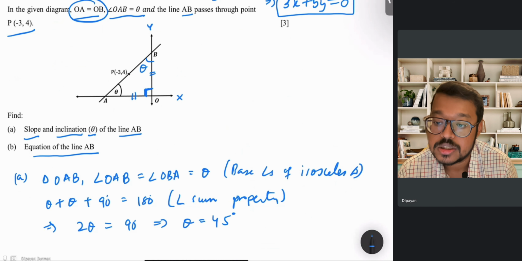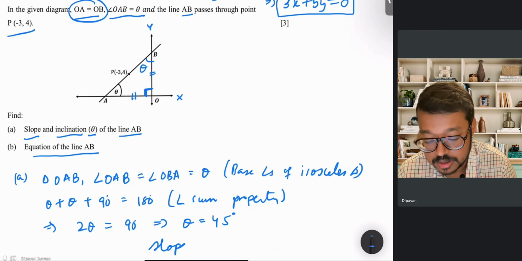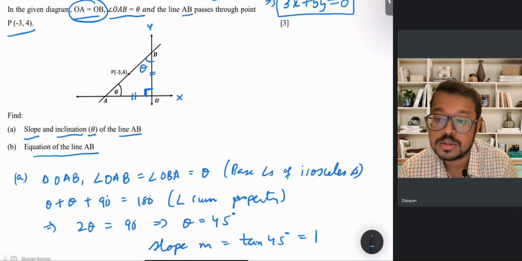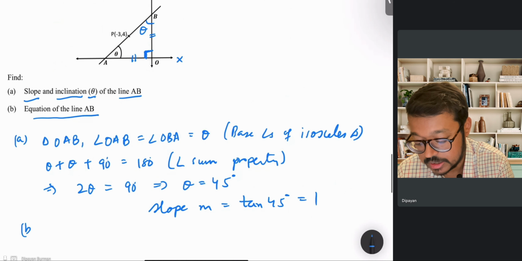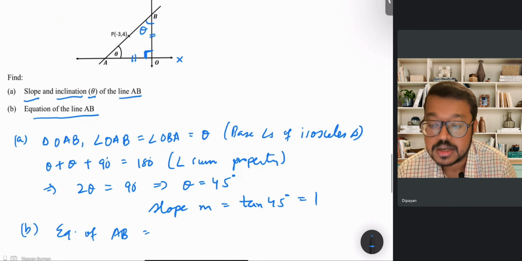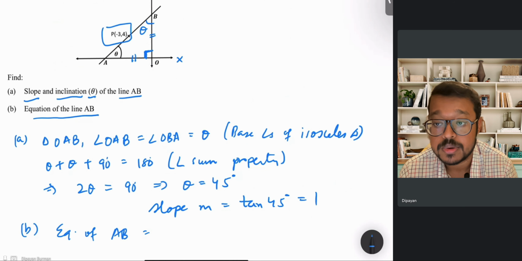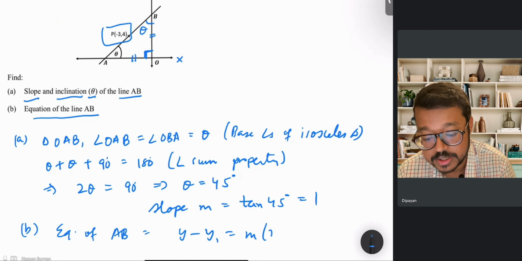So the inclination of line AB is 45 degrees, and the slope m is equal to tan 45 degrees, which is 1. So the slope of line AB is 1. Now if I want to find the equation of line AB, I know that it is passing through point P with coordinates (-3, 4), and it has slope 1. So y minus y1 equals m into x minus x1.